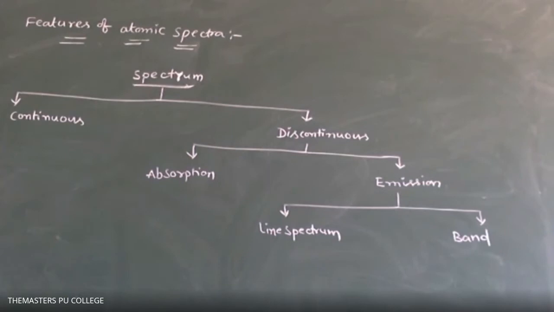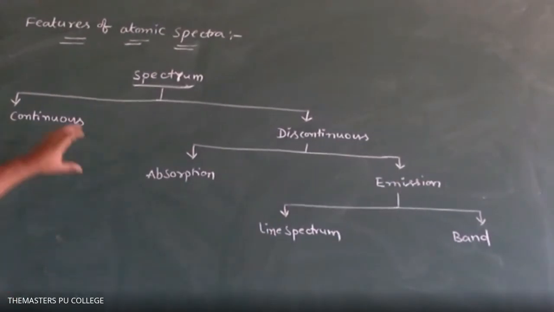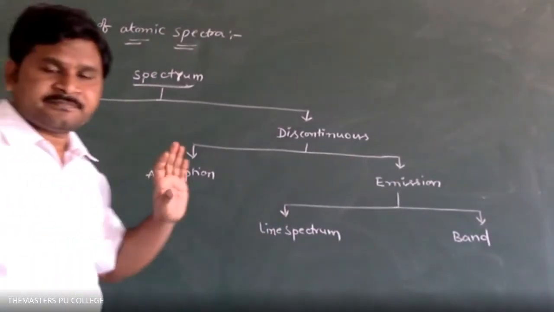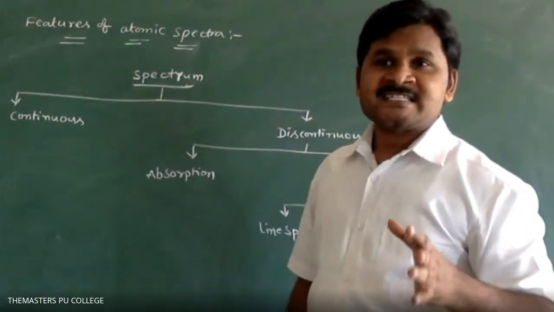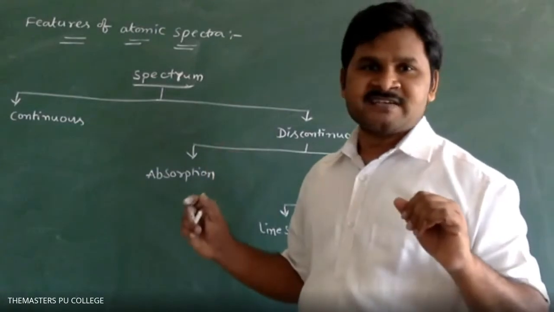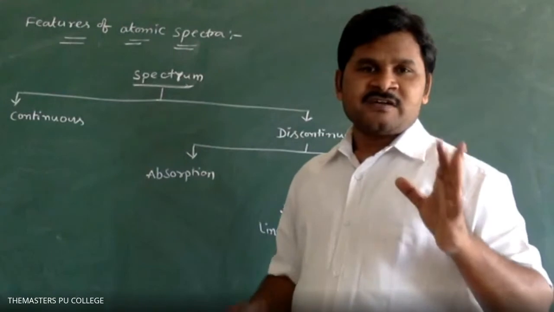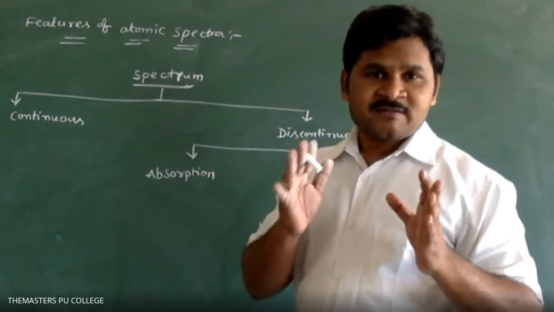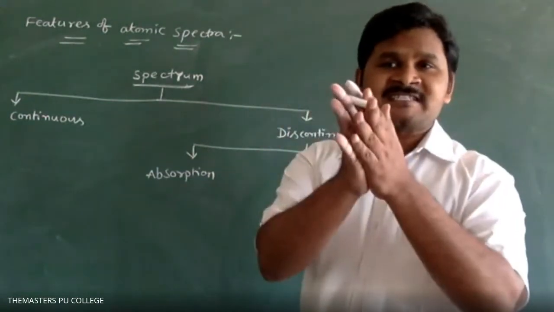What is a continuous spectrum? A spectrum which contains all types of wavelengths is called a continuous spectrum. For example, light emitted from the sun. In sunlight we have different types of light, and all the colors are merged with each other.